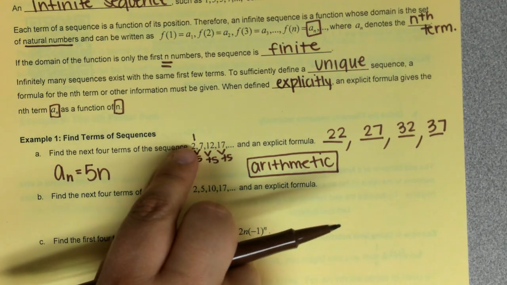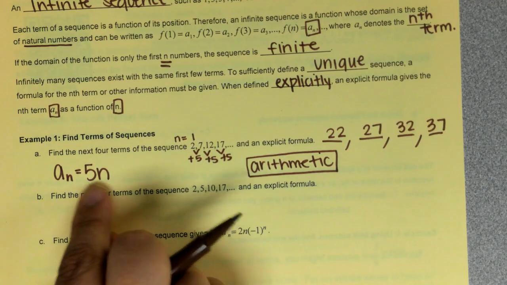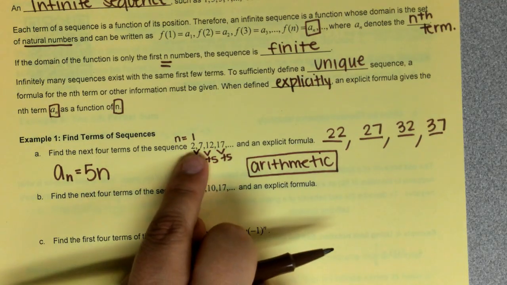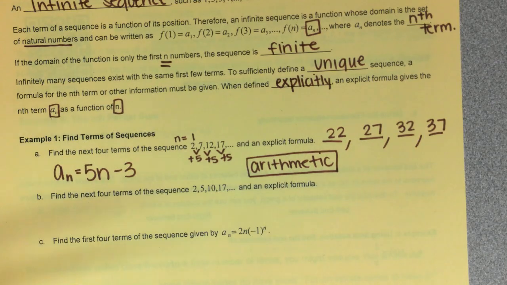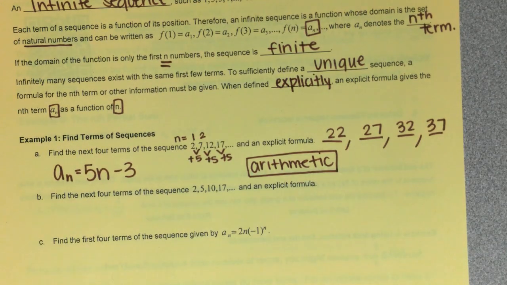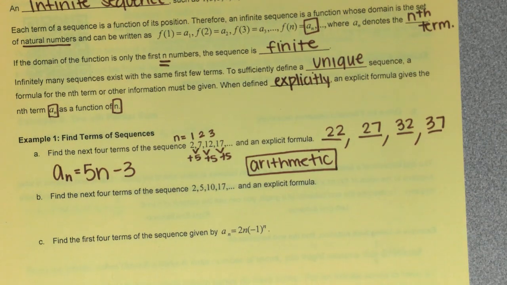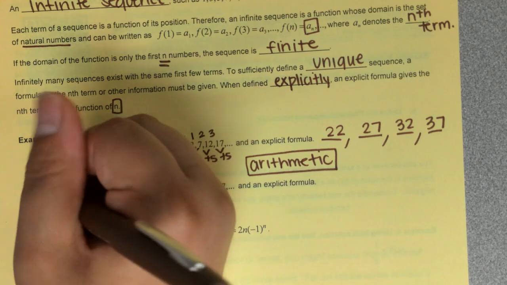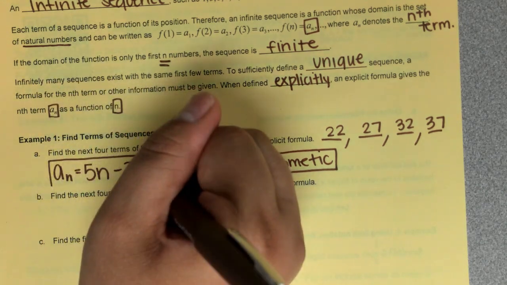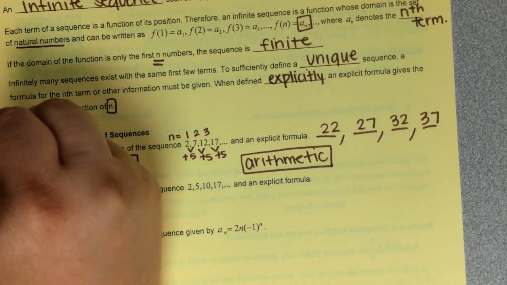If I plug in 1, n equals 1, what is 5 times 1? How do I get to 2? And then you need to check your other terms to make sure it works. For my second term, what's 5 times 2? Minus 3? 5 times 3? Minus 3? So does that work for all of these? Yes. This is the explicit formula.